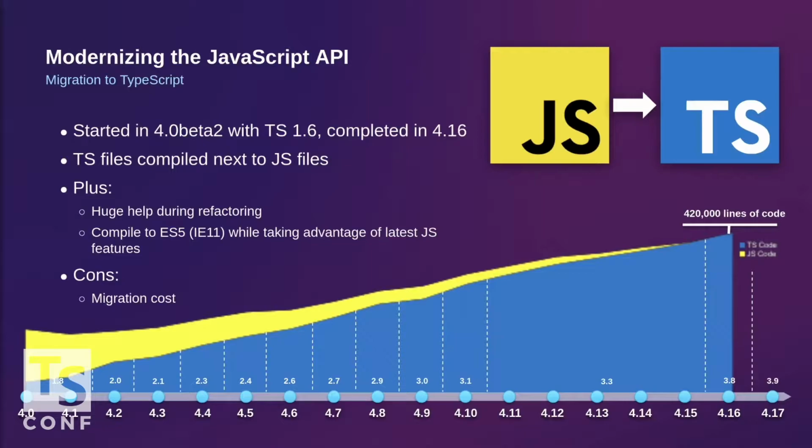You can imagine we have a large code base here: 420,000 lines of code, roughly almost 2,500 modules in our API. If we wanted to do any kind of refactoring with just pure JavaScript, it would be very inefficient. I'm sure there are tools that let you do some pretty large refactors in a JavaScript project that big, but TypeScript just makes it completely seamless.